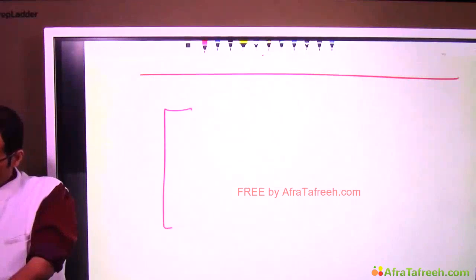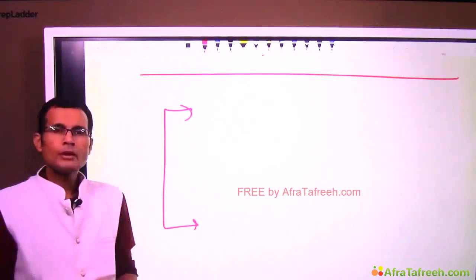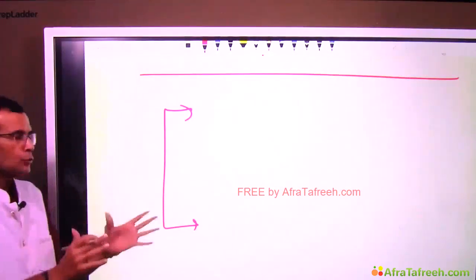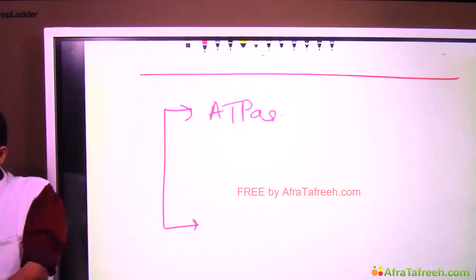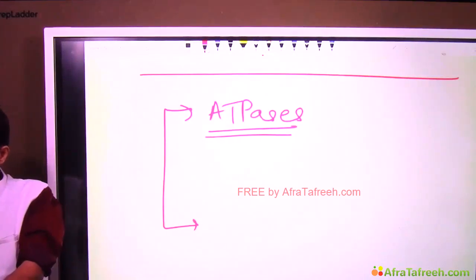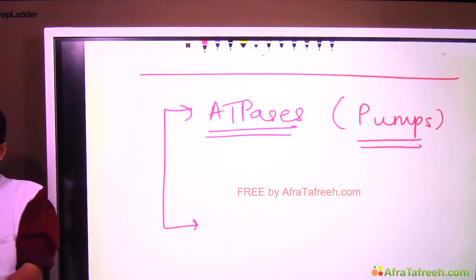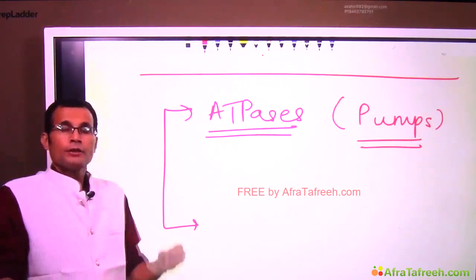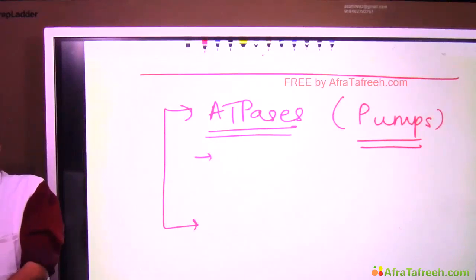In this, there are two types. One is ATPases, also called pumps. These are involved in primary active transport.